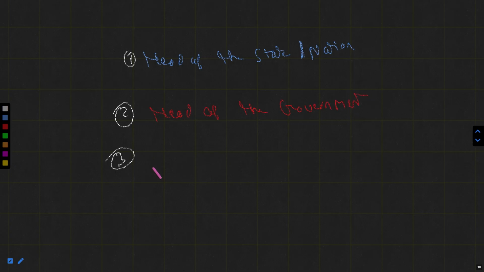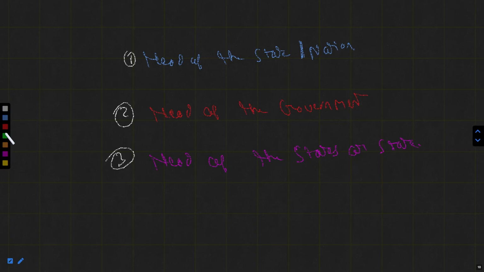Thereafter, we have the head of the states or state. This state and this state have a difference. In this one we are talking about the nation. In the other we are talking about a state like Uttar Pradesh, Haryana, Punjab, whatever you can say.